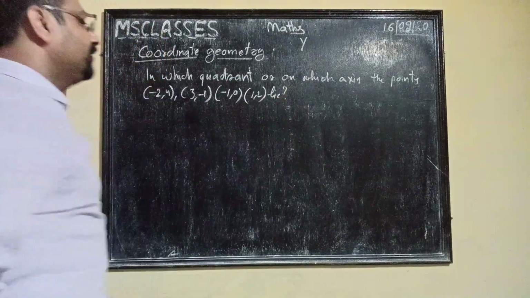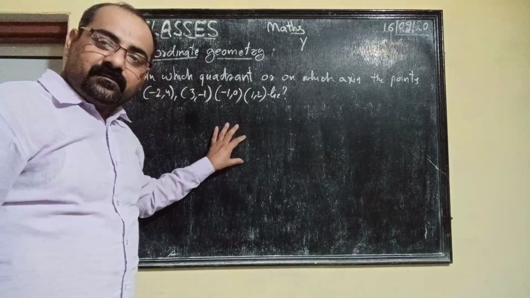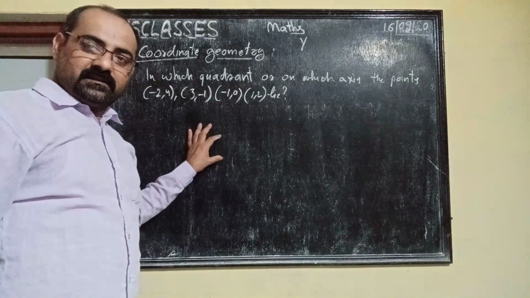So guys you have to find, आपको क्या फाइंड करना है कि ये पॉइंट कार्टेशियन प्लेन में किस क्वाड्रेंट में लाई करते हैं, राइट?